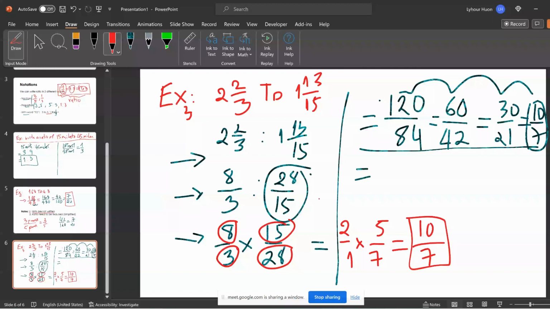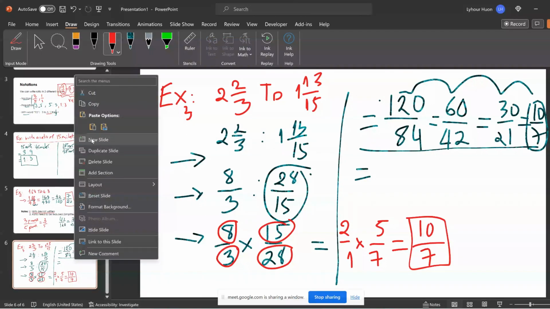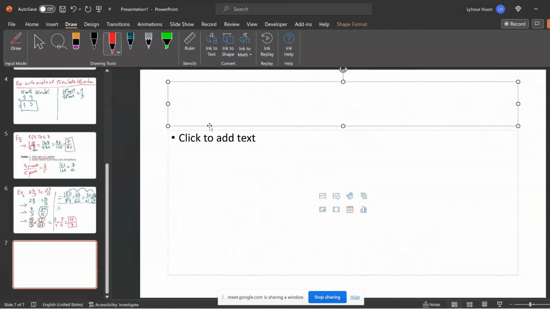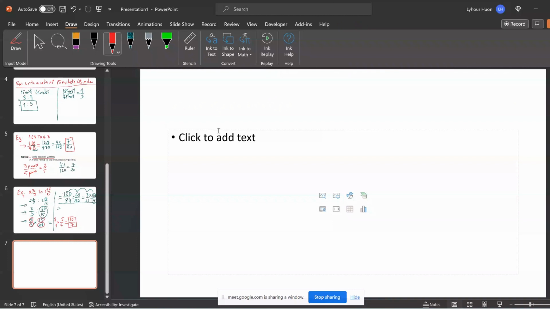You don't need to simplify again. Okay, so I give you two exercises.